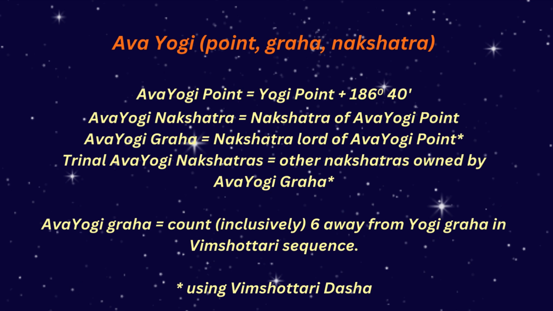For example, if your yogi graha is the Sun, counting inclusively 6 grahas forward in the Dasha sequence goes as Sun, Moon, Mars, Rahu, Jupiter, Saturn. And that brings you to Saturn. So Saturn becomes the Avayogi Graha. This method offers a fast, intuitive way to pinpoint the Avayogi Graha without crunching longitudes.